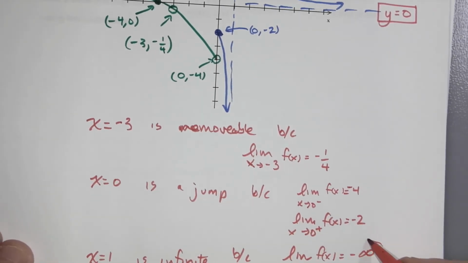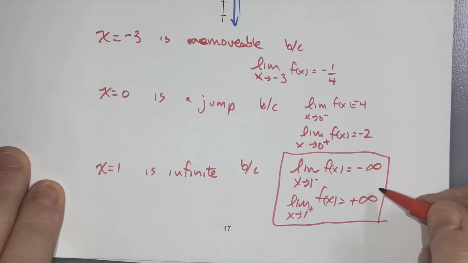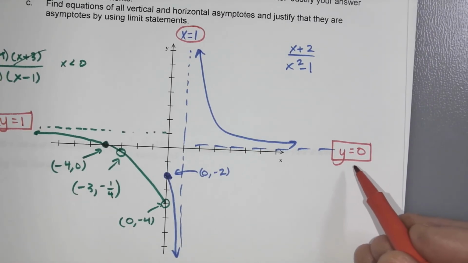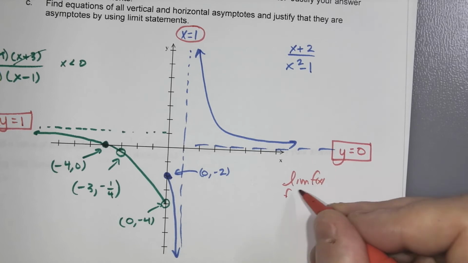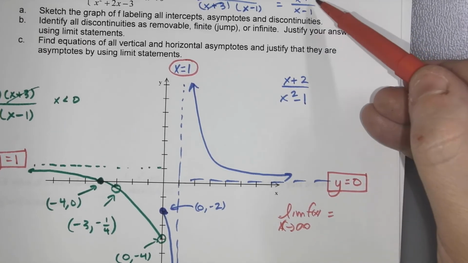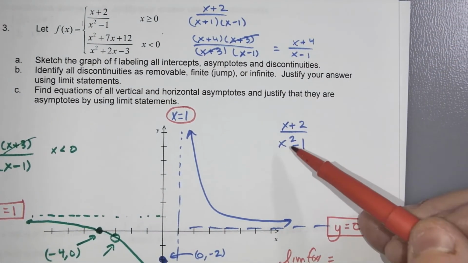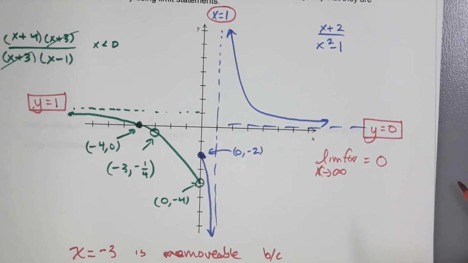These are the justifications for the vertical asymptote, and then the justifications for the horizontal asymptotes would come from the limit of f of x as x goes towards infinity, meaning that we're following this function, right? This function as x goes towards infinity would be linear over quadratic. That's 0.